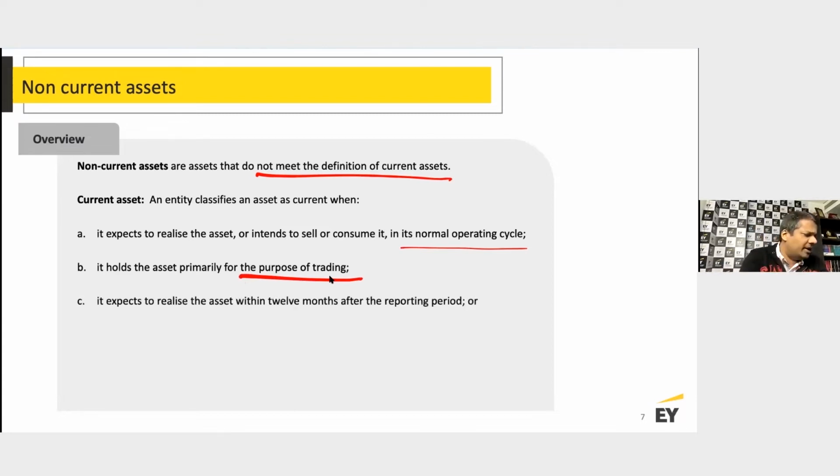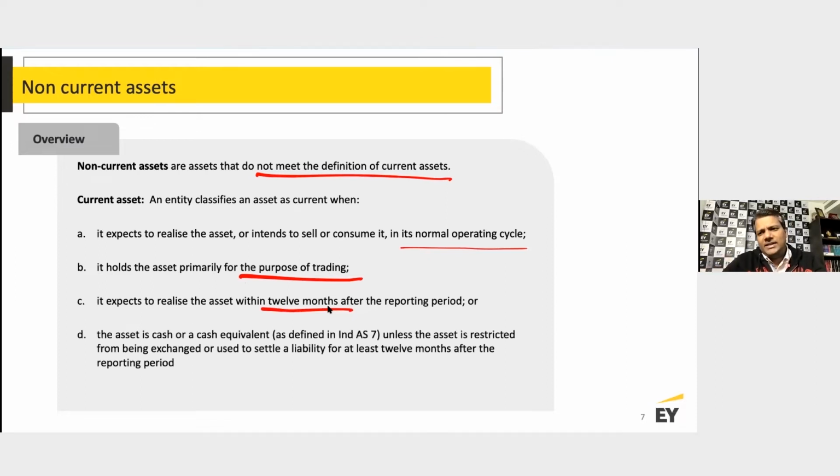It expects to realize the asset within 12 months after the reporting period, or the asset is cash or a cash equivalent, unless there is a restriction on the utilization of such cash or cash equivalent. So when you think about this, what is it we are trying to say?